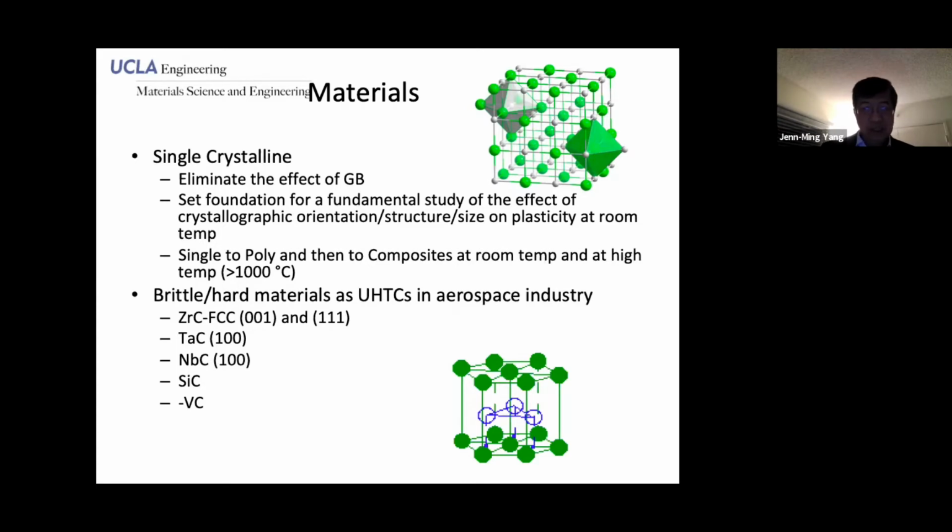Gradually, we will expand our work from single to polycrystalline materials and then to composites. The tests will be conducted from room temperature to temperatures over 1,000 degrees C. These are some of the group 4 and group 5 transition metal carbides that we use, including zirconium carbide, tantalum carbide, niobium carbide, silicon carbide, and vanadium carbide.